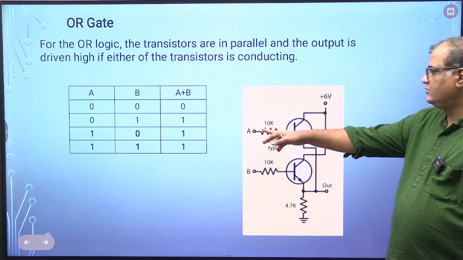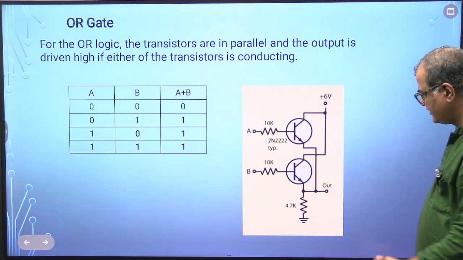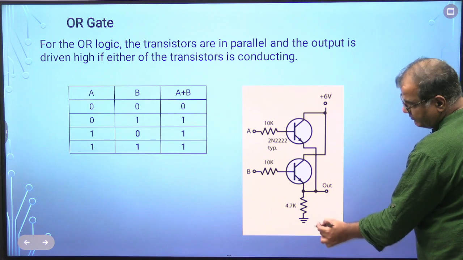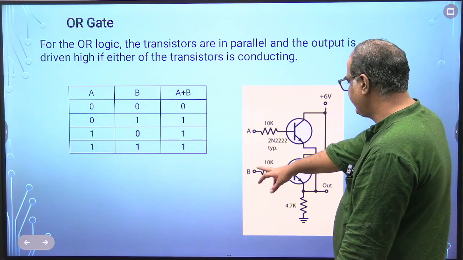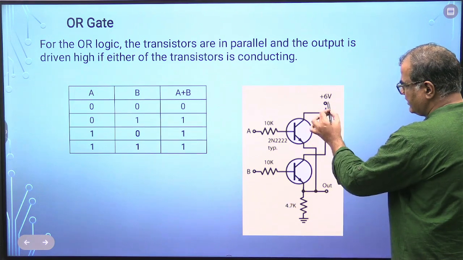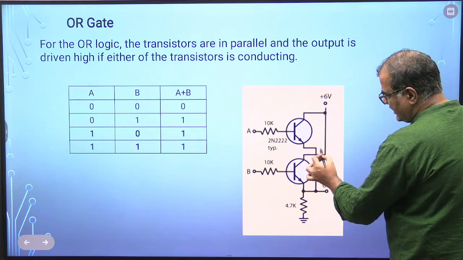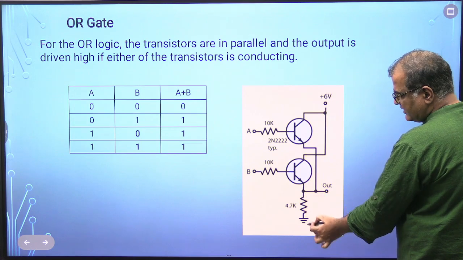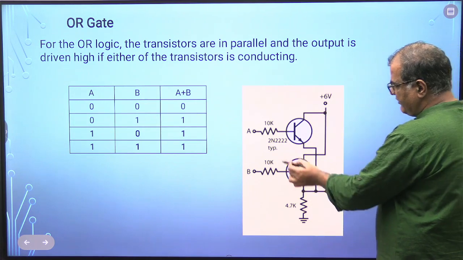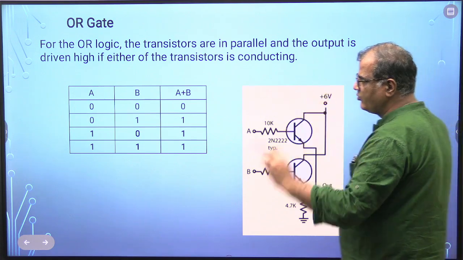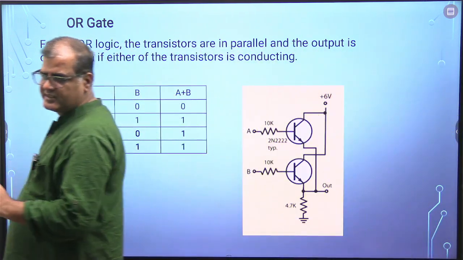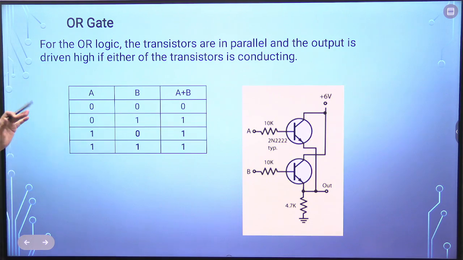If both are 0, then there is no current in the load. But if anyone is conducting, now this voltage is directly coming here, IC will flow, IB will flow, some current will flow here. So if any one of them is 1, the output is 1. When both are 0, then only it is 0. So this is implementing your OR gate.